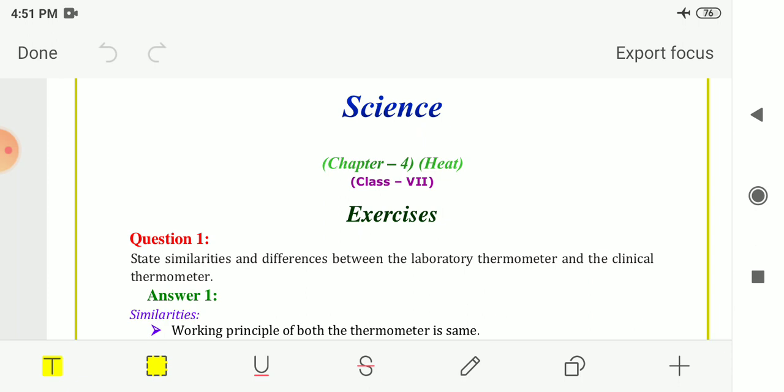The materials which do not allow heat to pass through them easily are called the poor conductors of heat or insulators. Examples of insulators are wood, plastic, ebonite, leather, wool, glass, rubber, etc.